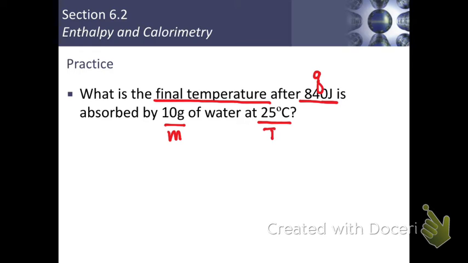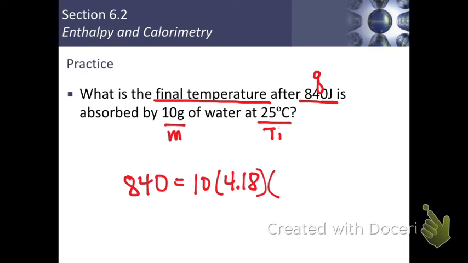Initial. Yeah, T initial, or initial temperature. We didn't give you the S value, but you know that it's 4.18. So 840 equals 10 times 4.18 times, is it 25 minus T final? T final minus 25, because it's temperature final minus temperature initial.